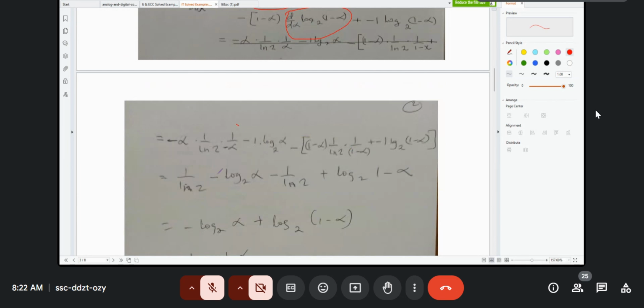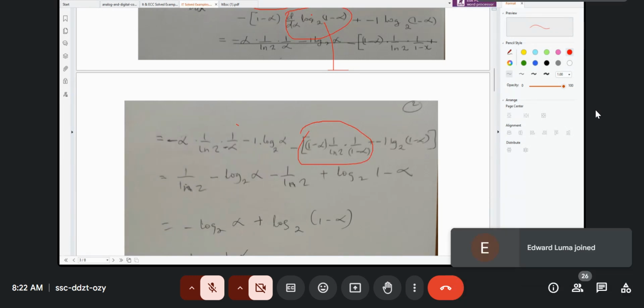I hope we are following. I'll send you this document with these examples. Nonetheless, I hope you are still able to follow.